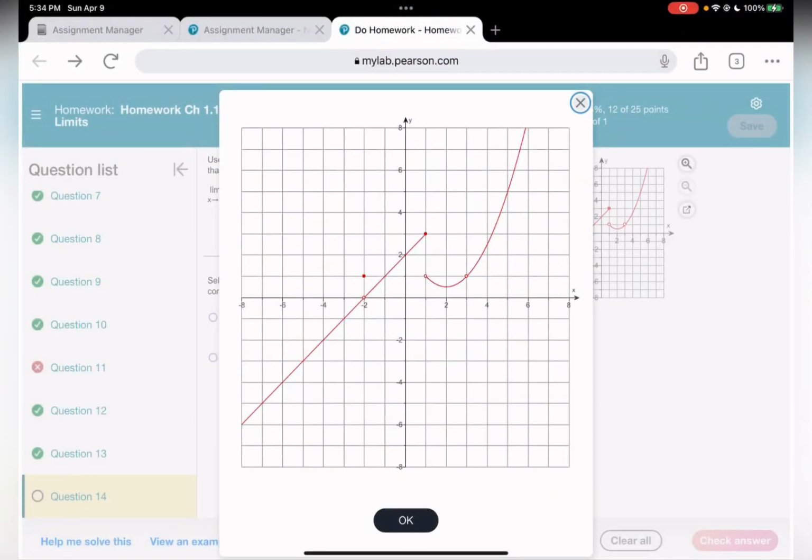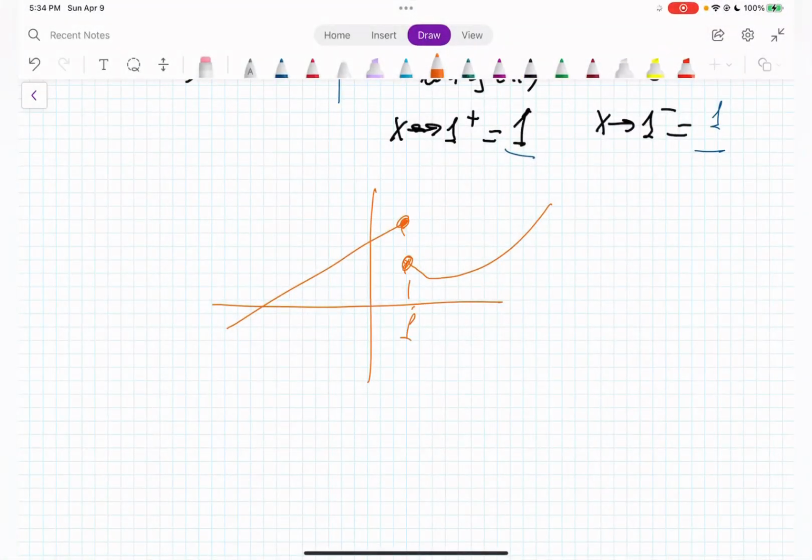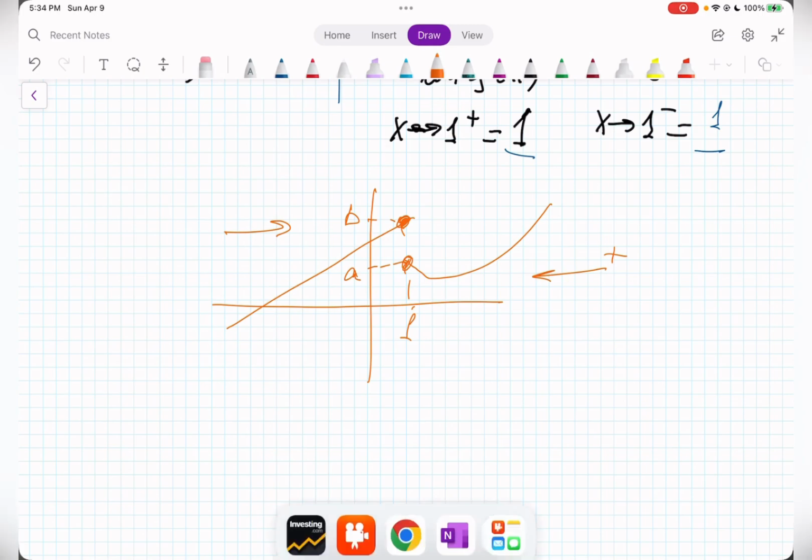That was 1. Okay, this is 1. So from the left side, if I come, it's going to be this point, right? Which is this value. I don't know on the graph what it is. But if I come from the right, it's going to be this value, right? At the point of 1. So therefore, they are not equal to each other. Say A is not equal to B. Therefore, there is no limit.